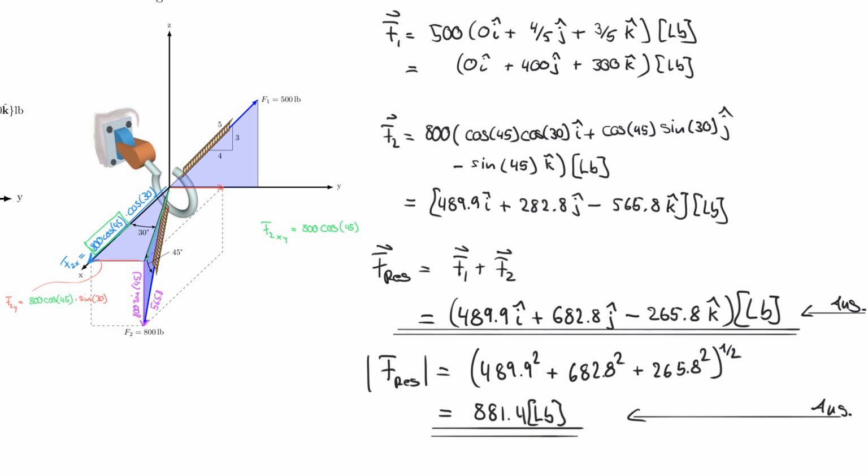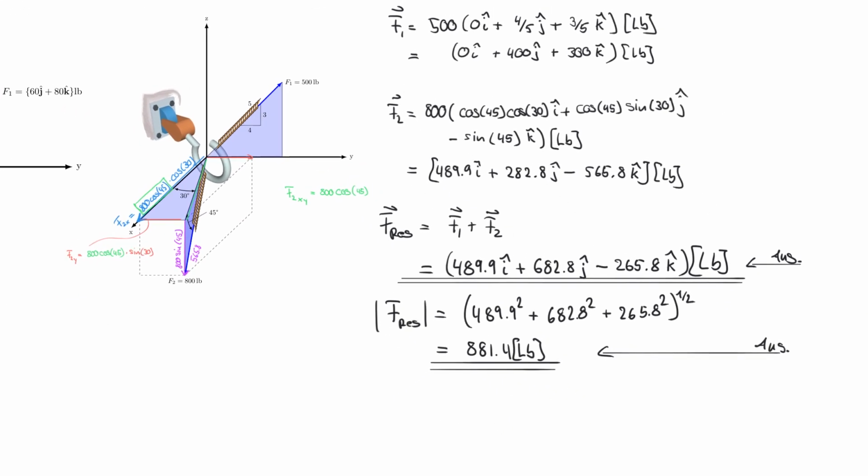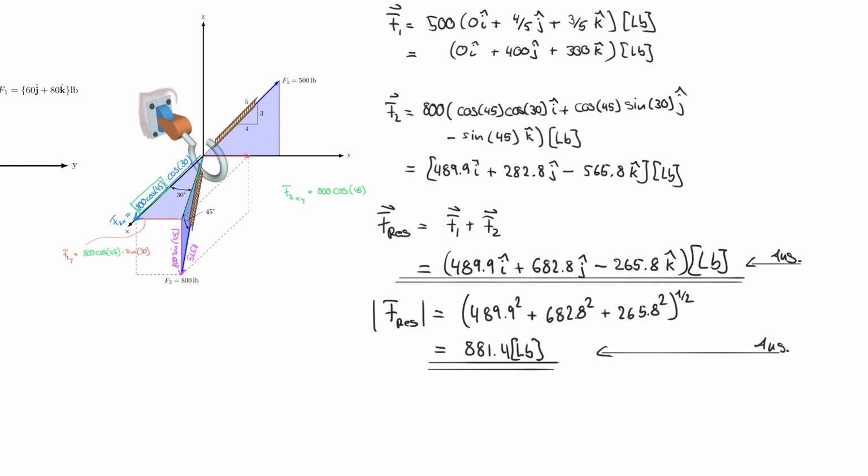Now I'm still short on one result, and you guessed it, that result would be alpha, beta, gamma. How do I calculate alpha, beta, gamma? You already guessed it. It is alpha, for example, being the cosine inverse of Fx divided by F, right?